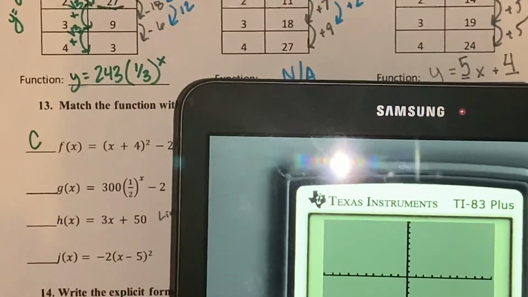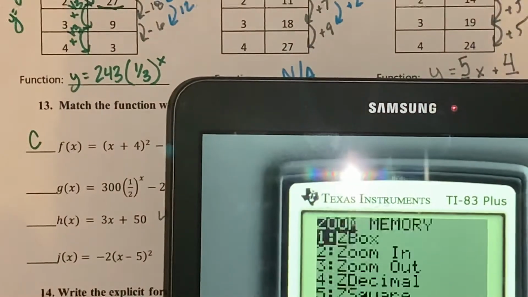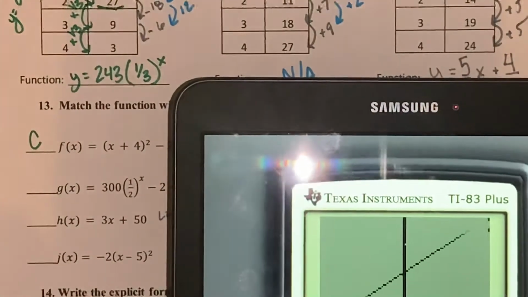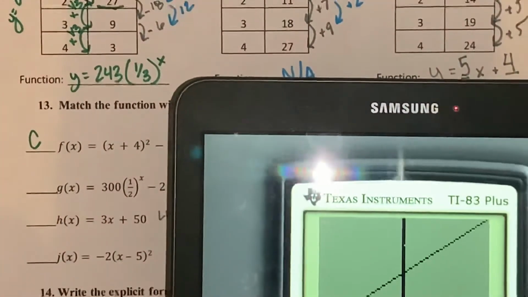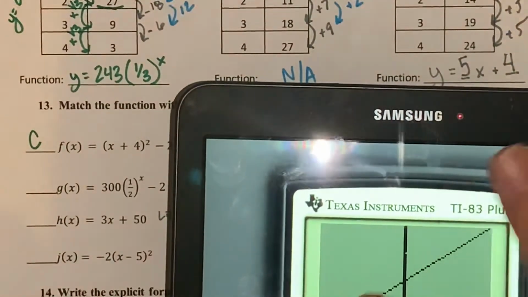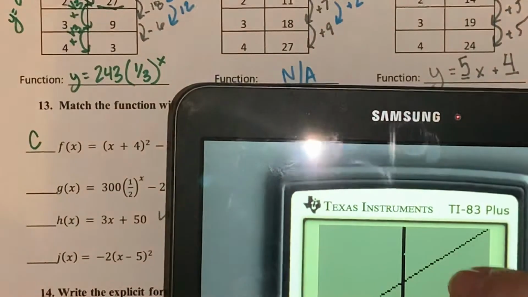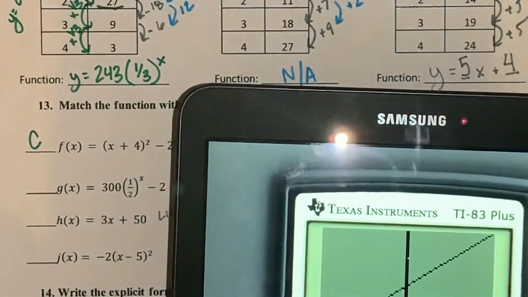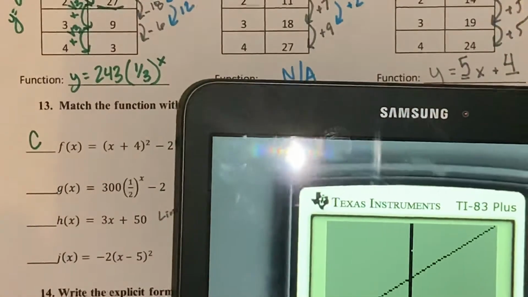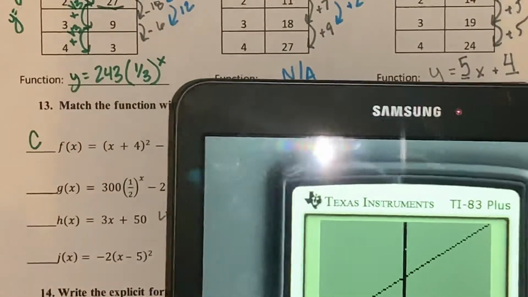If you don't see your graph for whatever reason, you can hit zoom and then 0. Zoom 0 will try to fit it the best it can on your calculator. And as you can see, this graph will continue to go forever and ever, increasing forever and ever that way. So there are no limits for y. And if there are no limits on y, the range is all real numbers.